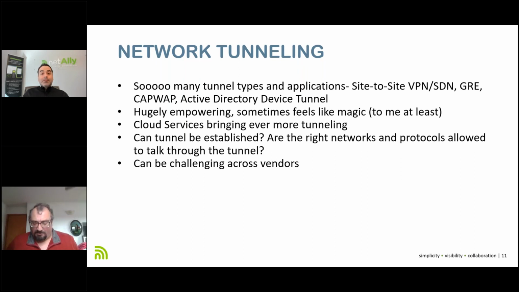One example, or a couple of examples, of where tunneling has bit me: you just flat out cannot get an access point to associate to its controller. It's like, okay, why won't it? And now you're troubleshooting the CAPWAP tunnel. You've got one AP out of a whole bunch that's just doing something goofy.